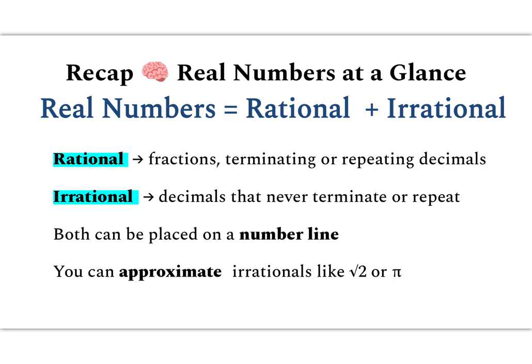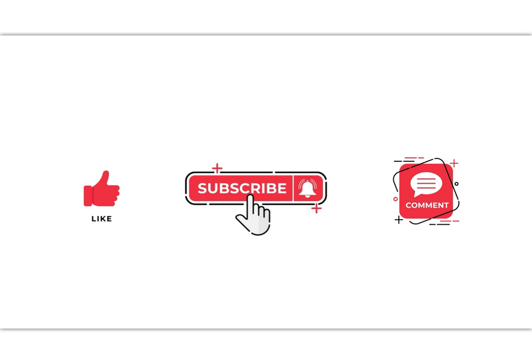You can approximate irrational numbers like square root of 5, square root of 2, or pi. You also learned how to estimate irrational numbers by comparing them to perfect squares, which is a big part of our Common Core standards. Awesome job. Pat on your back.